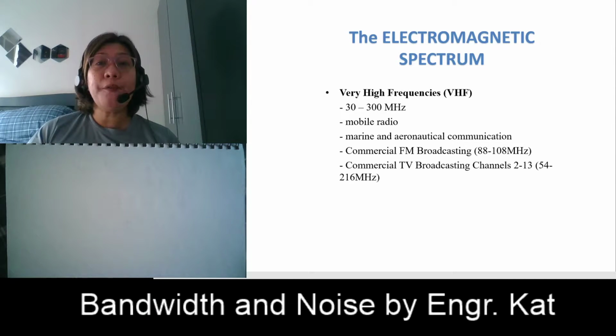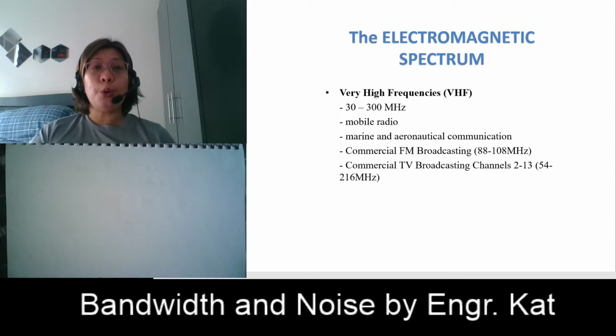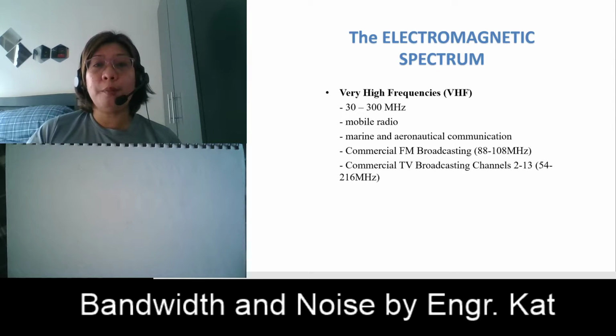Okay, so very high frequency mobile radio. Your smartphone, whether it's Globe or Smart, whatever your carrier is. So you have here your marine and aeronautical. The commercial FM is 88 to 108 megahertz. Commercial TV broadcasting, we're talking about analog commercial TV broadcasting, from channels 2 to 13, which is from 56 to 216 megahertz.